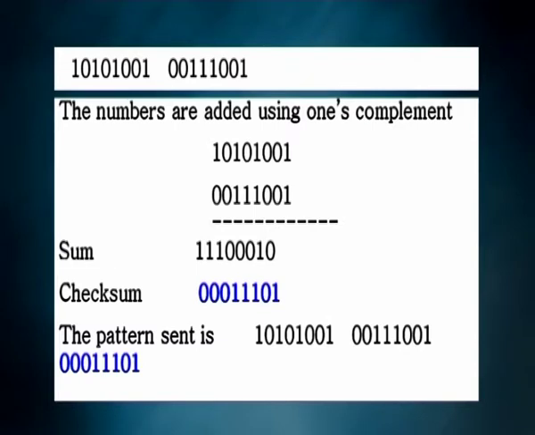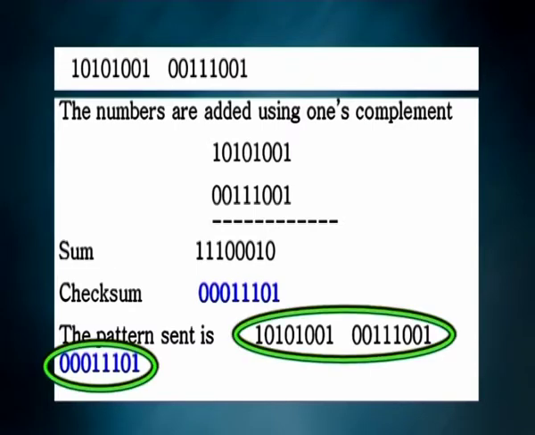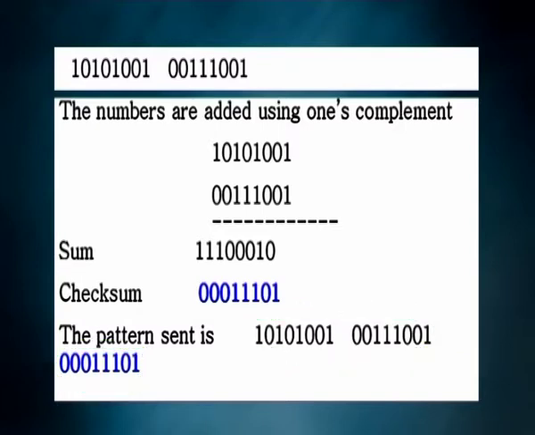The pattern sent is 1 0 1 0 1 0 0 1 0 0 1 1 1 0 0 1 0 0 0 1 1 1 0 1, which is the original data plus checksum.